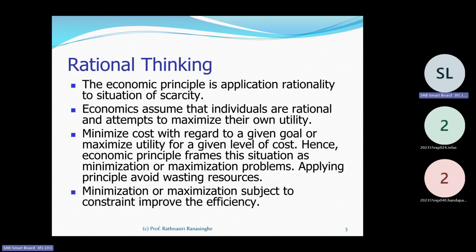So in economics, unlike other sciences, we define the economics and make certain assumptions. Why do we make assumptions? Because we study human behavior. We cannot control the elements like other sciences, and we are not doing experiments in a lab environment.